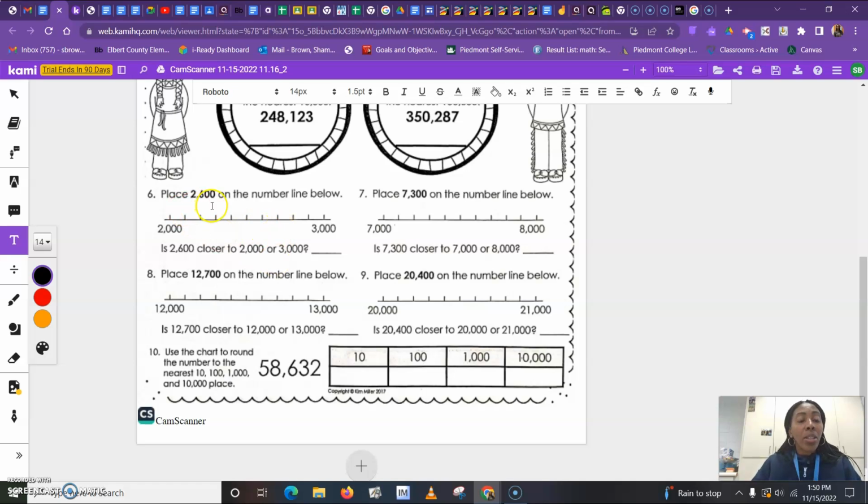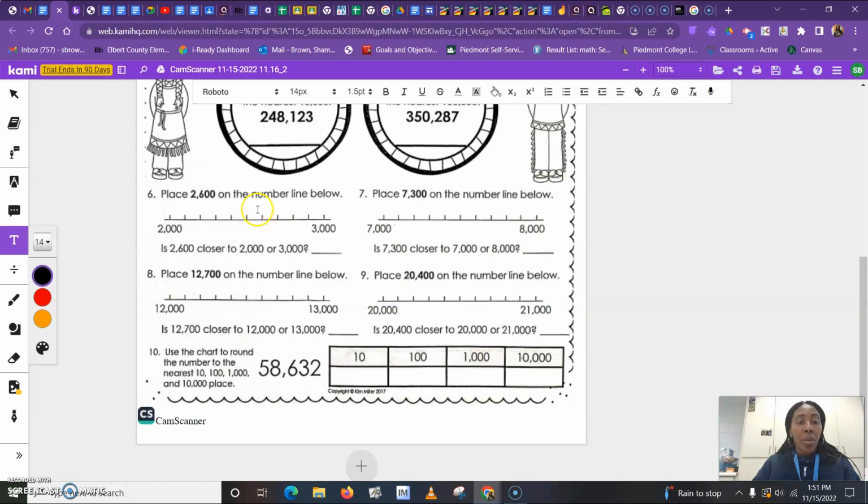So it says place 2,600 on the number line. So if I look here, I see it starts with 2,000, ends with 3,000. So that means this has to be 2,000, this has to be 2,001, 2,002, 2,100, 2,200, 2,300, 2,400, and so on. So I need to find where 2,600 would be. So if I count, there's 1, 2, 3, 4, 5, 6 notches here.